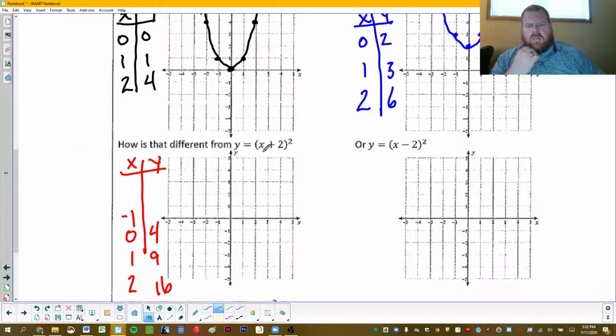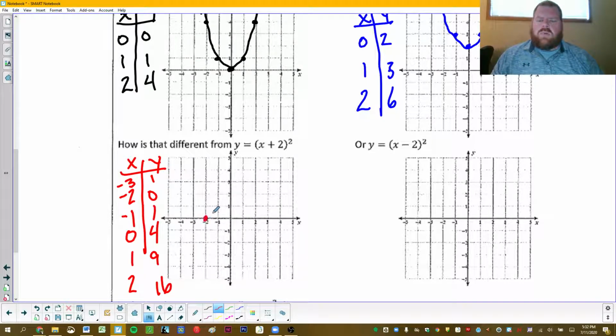Negative 1 plus 2 is 1. Squared is 1. And then negative 2 plus 2 is 0. 0 squared is 0. And let's check negative 3. Negative 3 plus 2 is negative 1. Squared is 1. So that's my turning point right there at negative 2.